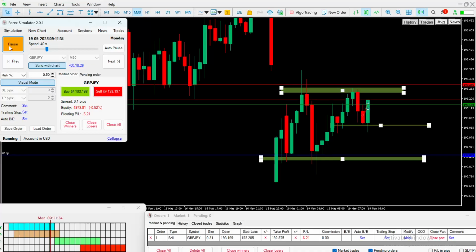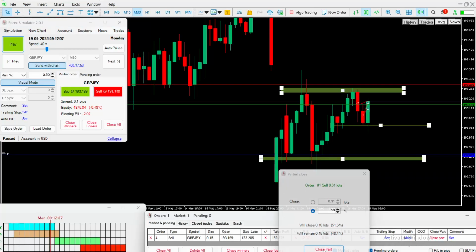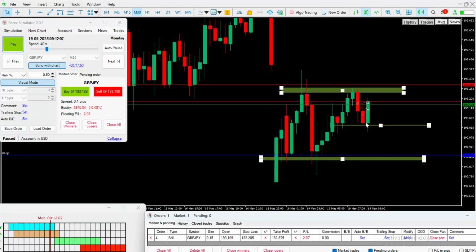Yeah, we got stopped out. And let's close 50% of the other one as well. So yeah, this support here was the problem. Yeah, I shouldn't have doubled in here because, hey.